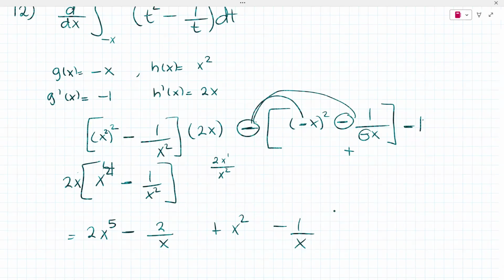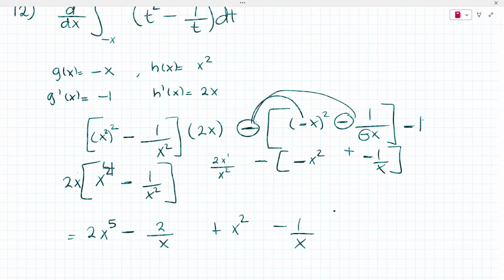So -1 times, well, I know that negative x squared is positive x squared, and then you have a negative because of this minus, right? So that'd be negative x squared. Then you have to distribute this minus. Over here, a negative over a negative is positive, and then you have this extra minus, so that's -1 over x.